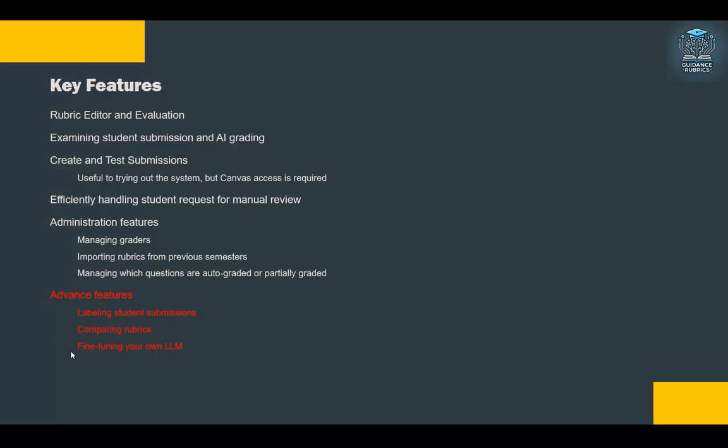You can also build your own LLMs. You can take existing LLMs from OpenAI, fine-tune them according to your labeling, and then use those LLMs in your grading. Again, there's many videos that describe each of these features in detail.